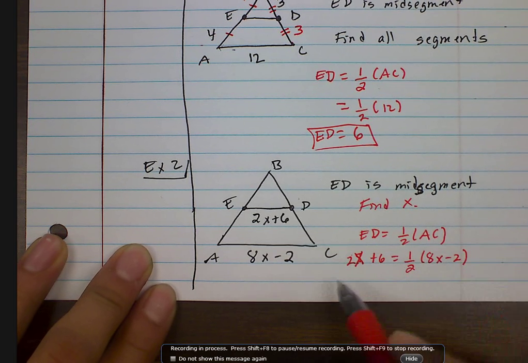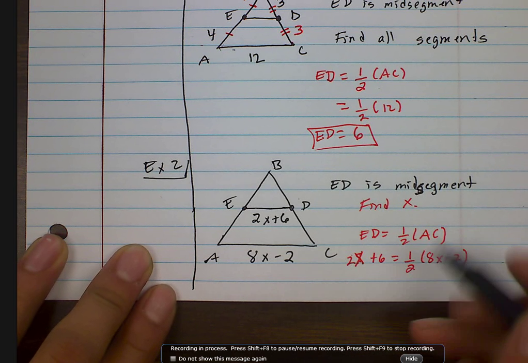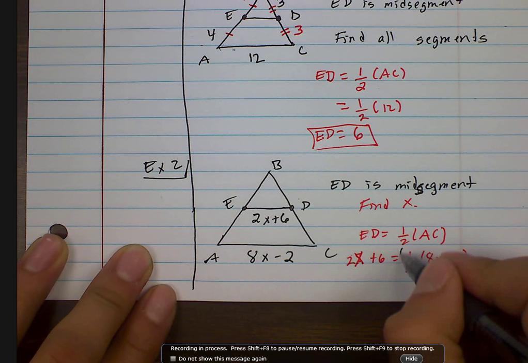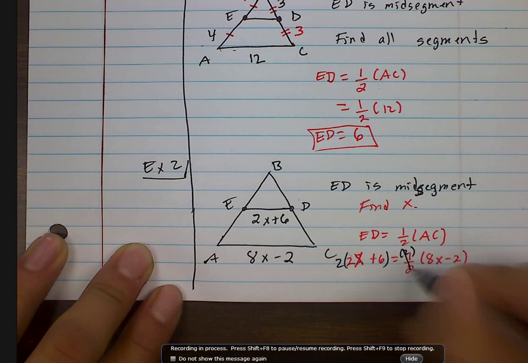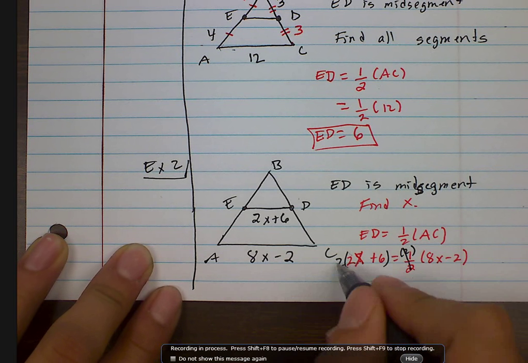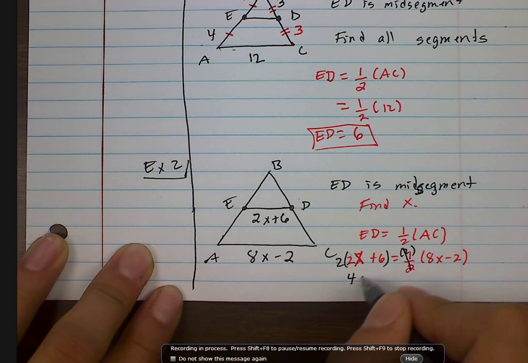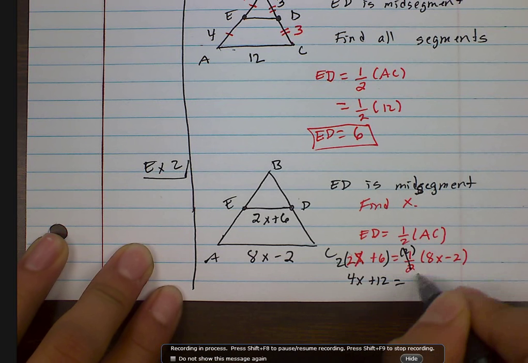At this point, it's just algebra. It depends how you want to solve it. What I would do is get rid of the fractions. So I'm going to multiply this side by 2 and the other side by 2. That makes a 1. So now you distribute the 2 on this side and you get 4x plus 12 equal to 8x minus 2.